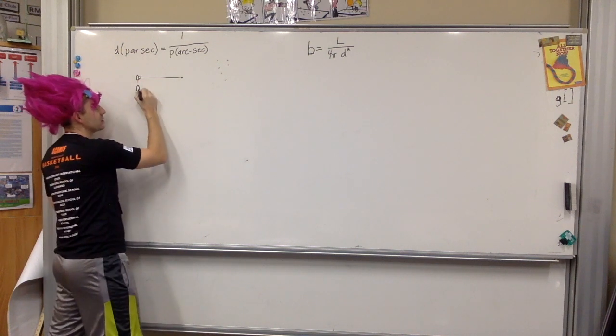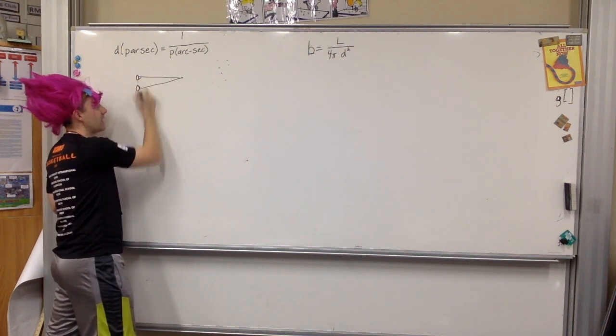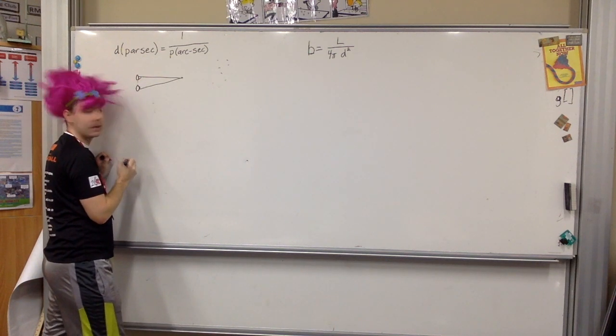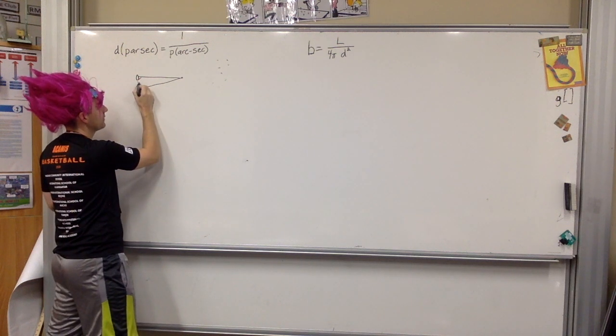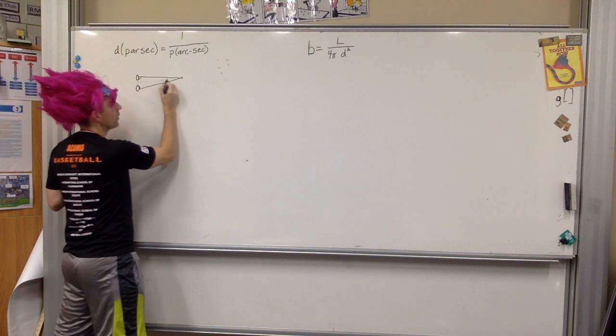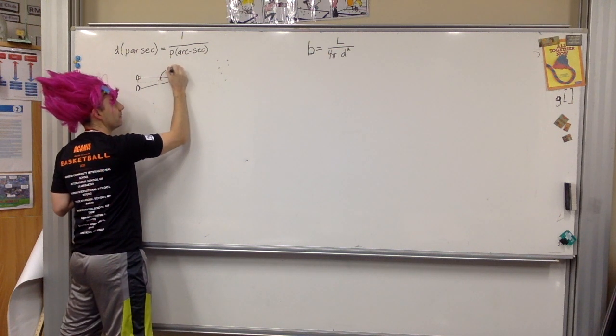When I look at the star this way from the other eye, I get a different angle from a different position, right? Now, these are not the parallax angle. The parallax angle is actually from the center right here. This angle right here is my parallax angle, just like that.